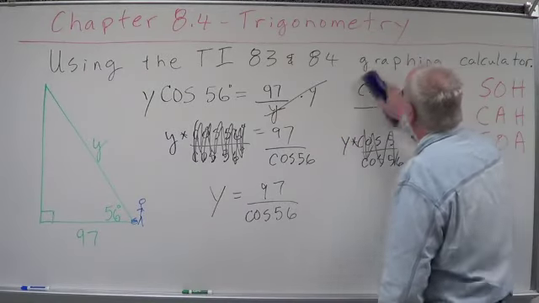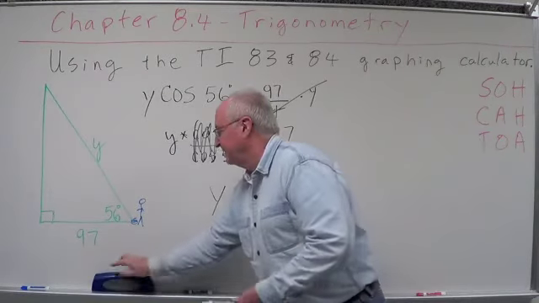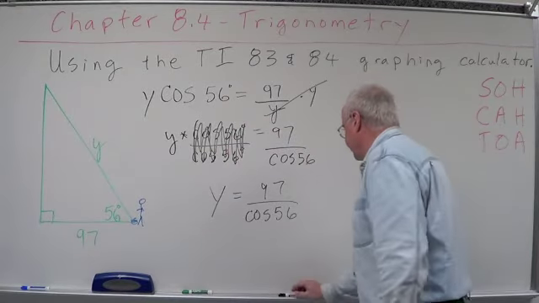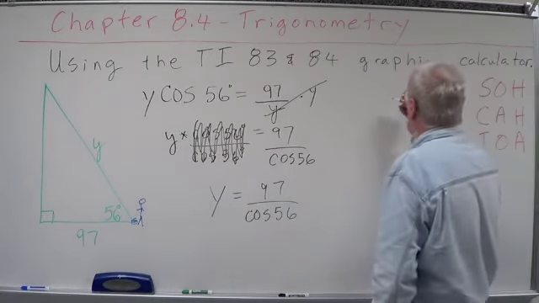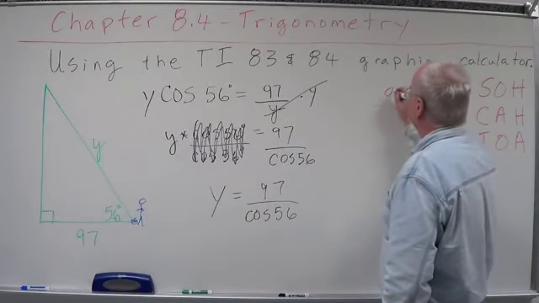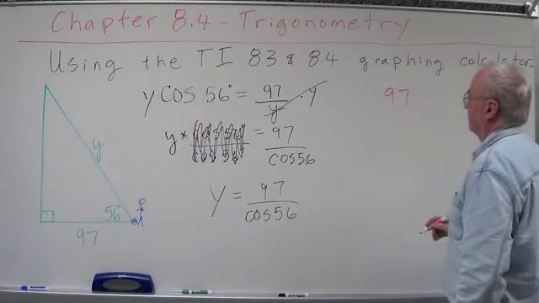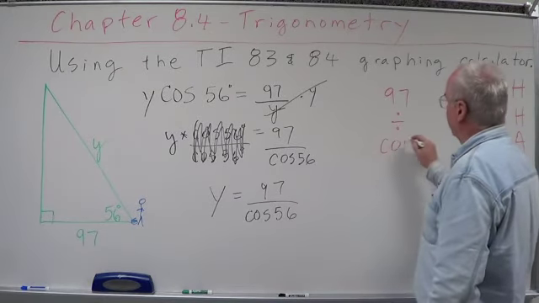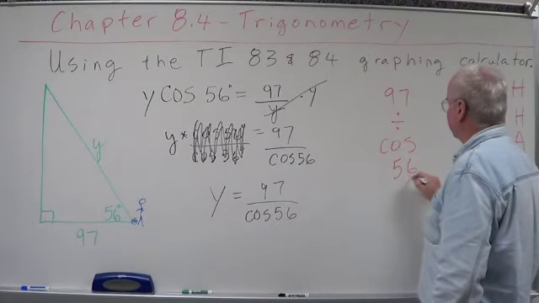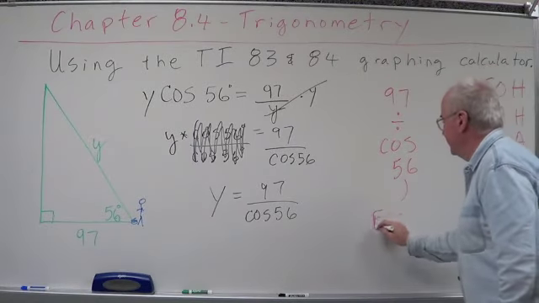Okay? Now, how do we put it in our calculator? Let's put it in our calculator. I want to get this, so I'm going to put in 97 divided by cosine 56, close parenthesis, and enter.